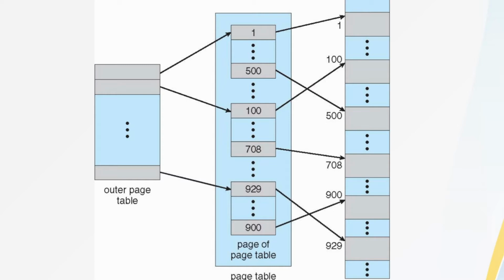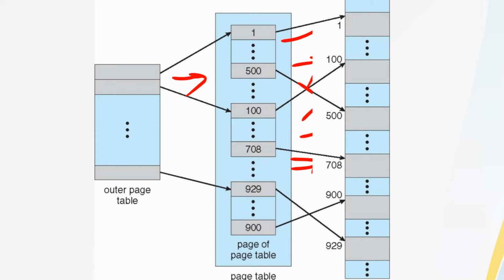These are the indexes, and these indexes again communicate with the frames, split by segmentation like this. So one is in one place and it is 500, so it communicates in two levels. Each and everything will communicate in two levels. See here, the second page is 100, so it will be mapped, and 708 will be mapped.